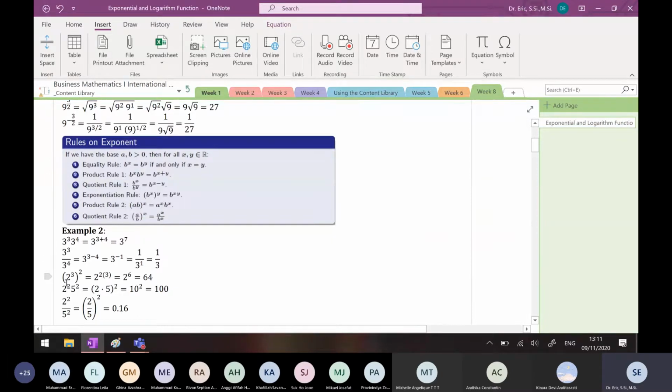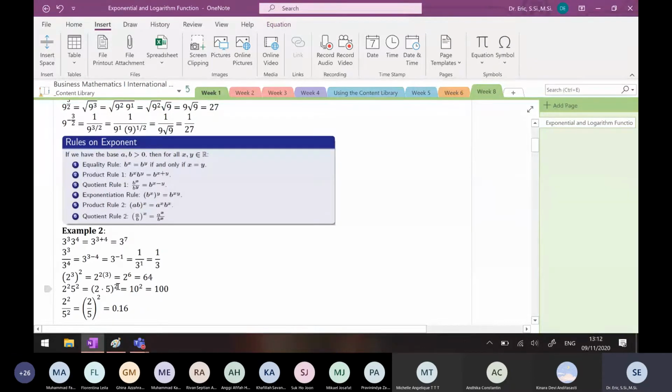And what about the exponentiation rule? So I have 2 to the power of 3, cubed, squared. This is the same as 2 to the power of 3 times 2, so you have 2 to the power of 6. That is 64. And if you have 2 cubed times 2 squared times 5 squared, I can arrange it like this, 2 times 5 squared.